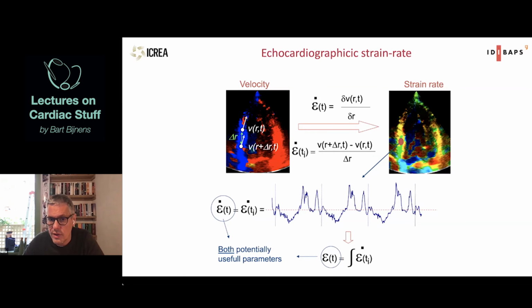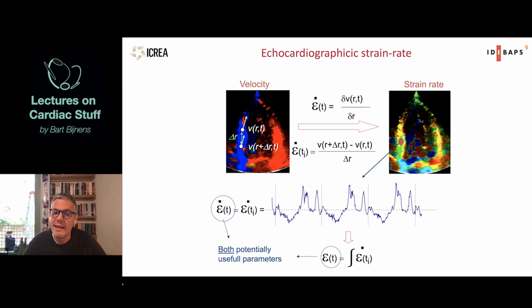Then you start to get lengthening, in 2 phases: first the early lengthening during early filling, and then the lengthening during atrial contraction. So this is early and late filling. We come back to that filling in one of the other sections. During ejection there's 1 phase, and the strain in the longitudinal direction is negative; during the filling it becomes positive.